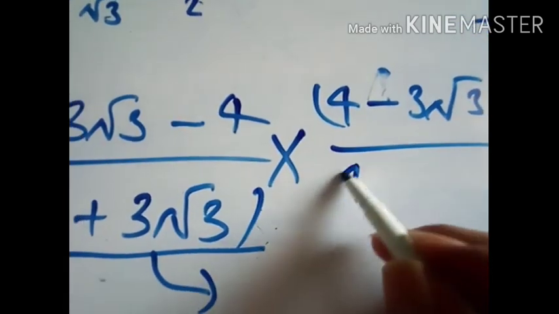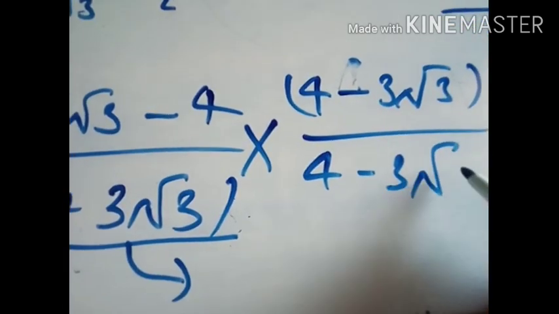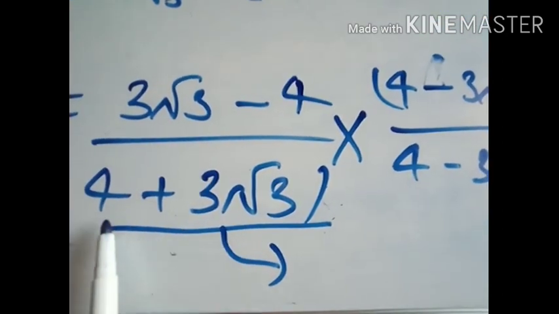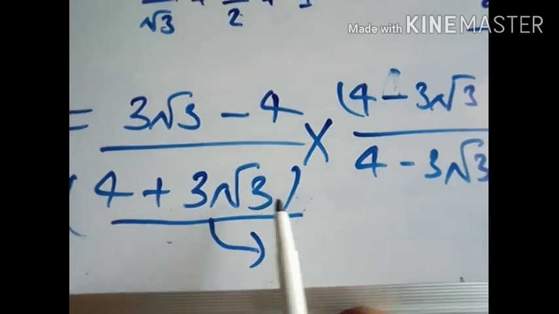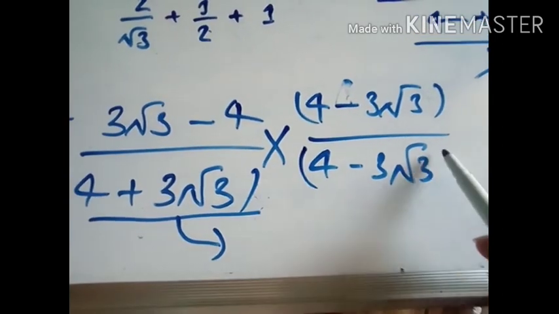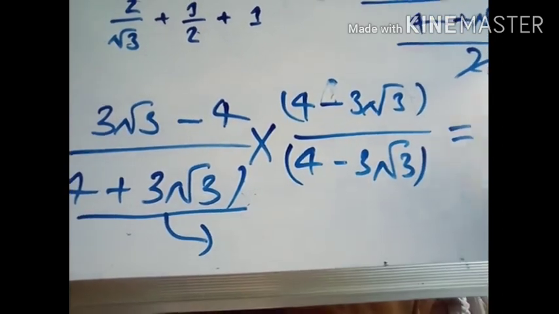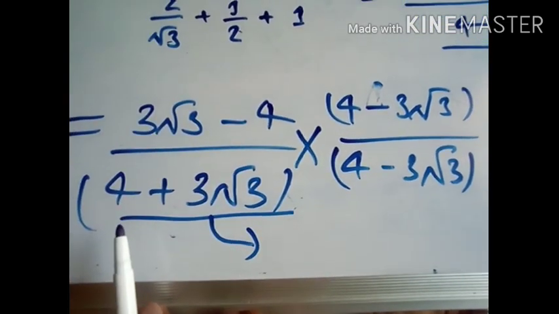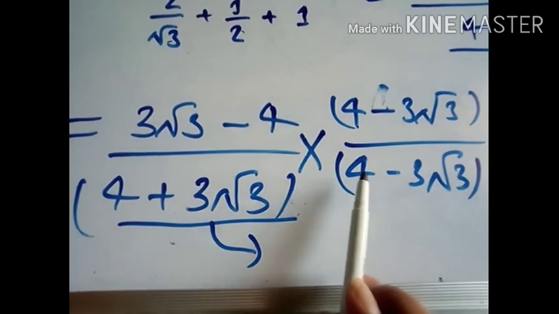Understand? Now see, 4 plus 3√3 and 4 minus 3√3, this is the formula a square minus b square. So let us apply it. 4 into 4 is how much?